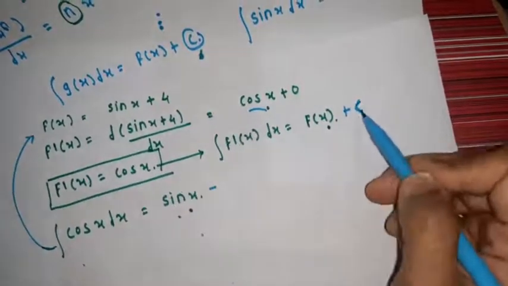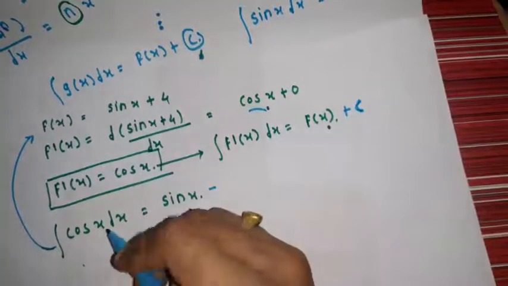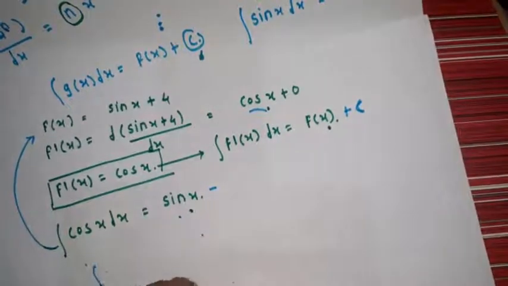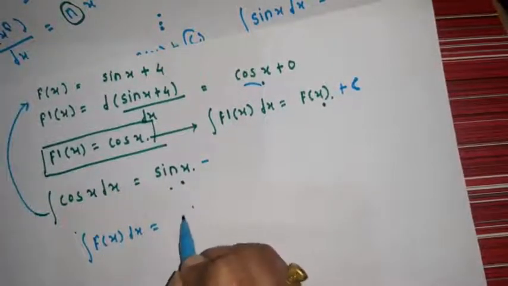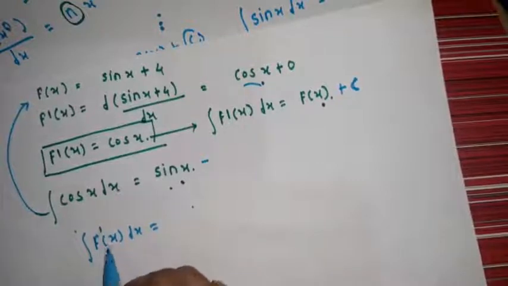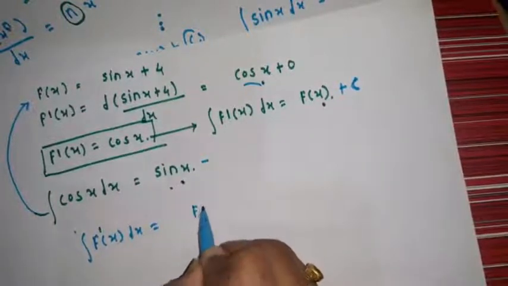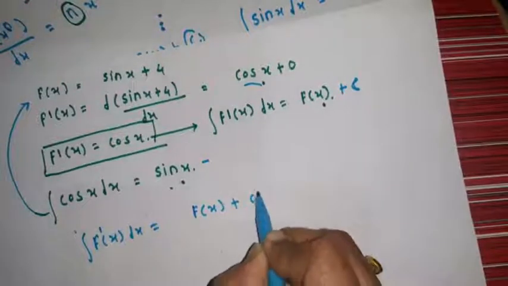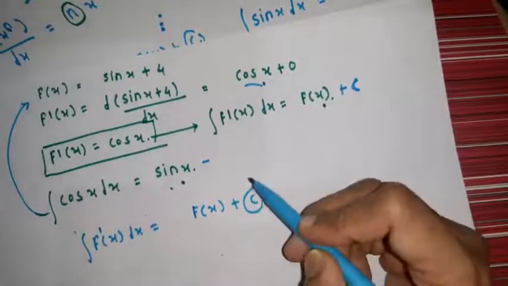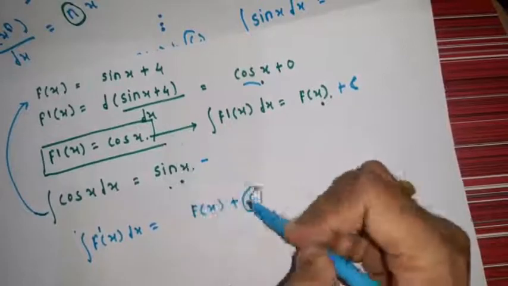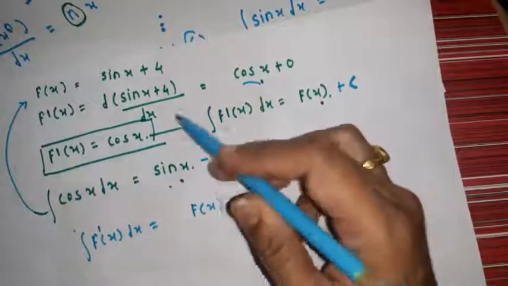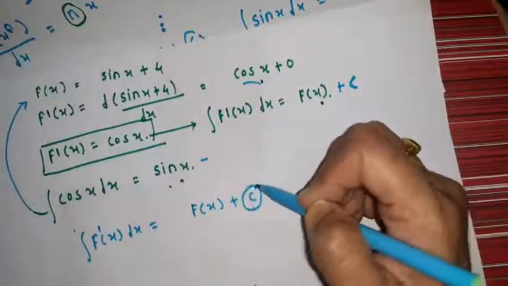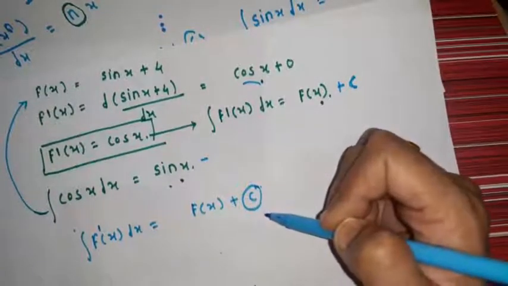So the integration of f dash of x with respect to x is f of x plus c, where c is the constant of integration, which we add to get the answer clearly.